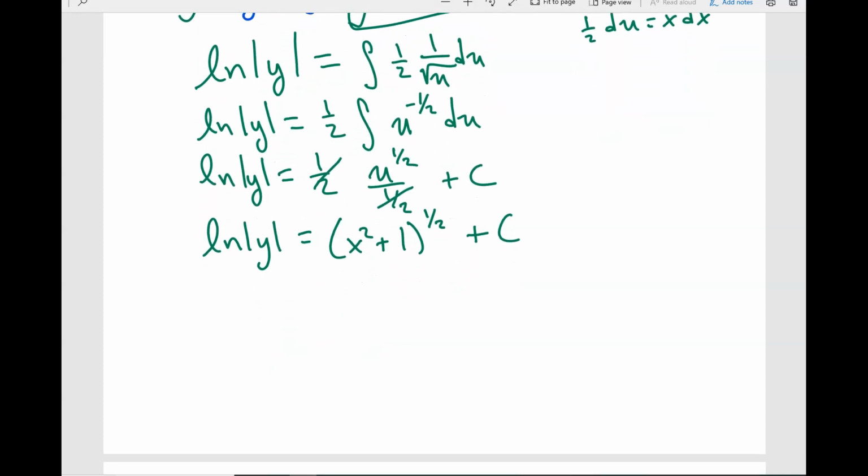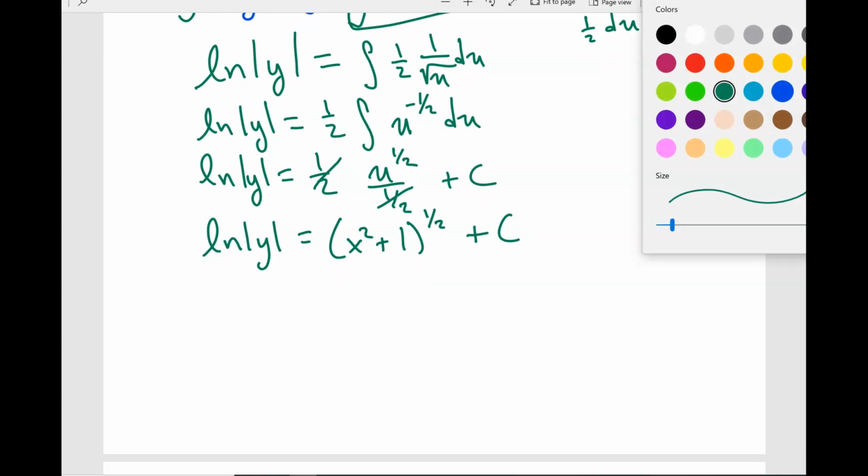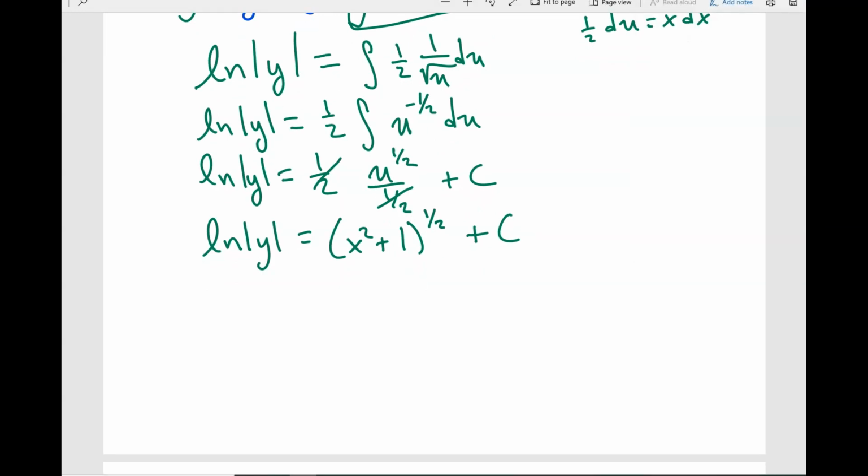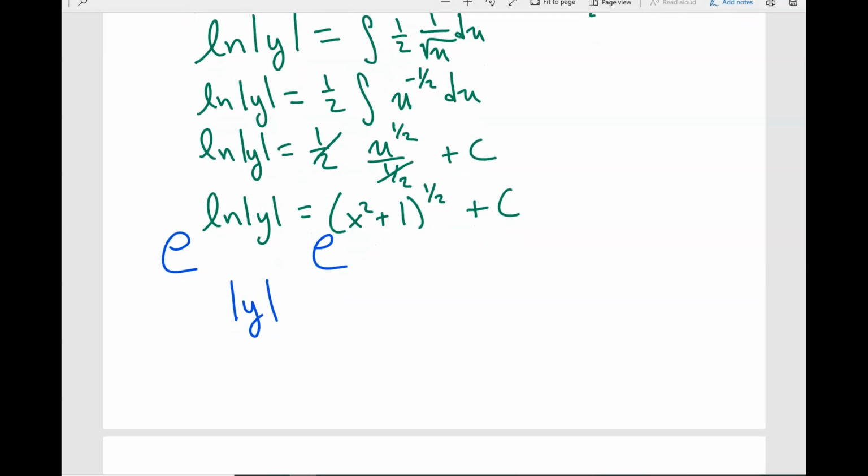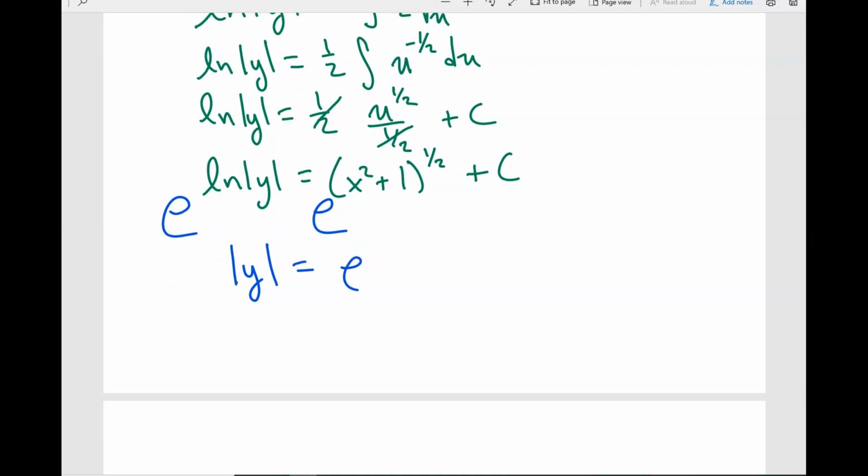Now all we have to do is figure out what this y value is. If you remember from algebra, in order to get rid of a natural log, you're just going to exponentiate both sides. So all you're going to be left with is the absolute value of y is equal to e to the power of x squared plus 1 to the power of 1/2 plus c.